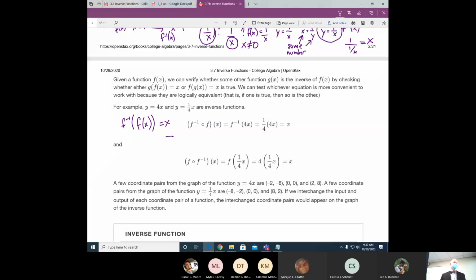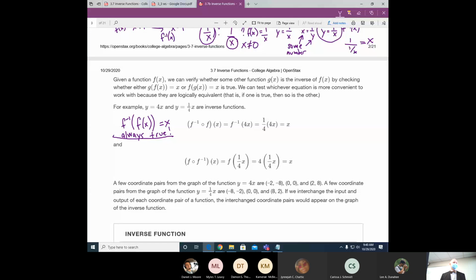This will always be true if f negative 1 is the actual inverse. And this is a way to check my solution if I try to figure out what the inverse of f is. This will have to be true.